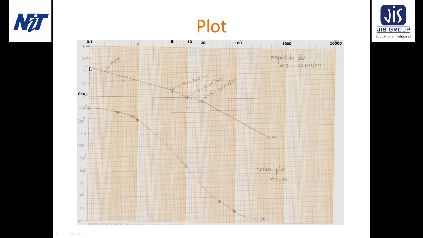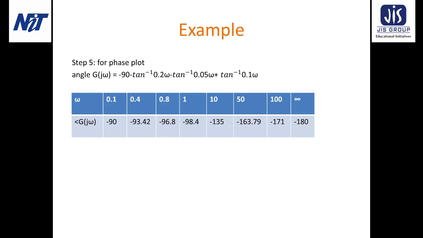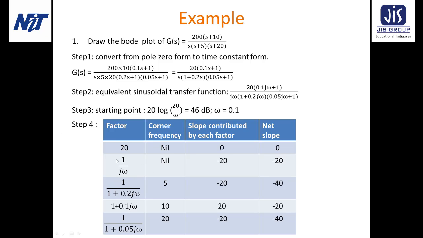So now from this, you need to consider this table. So here we will put the factor 20 and 1 by j omega, and here the net slope is -20 dB per decade. So from the starting point, the graph will start with the slope of -20 dB per decade, and it will go with the same slope till the next corner frequency comes, because at the corner frequency the slope will be changed.